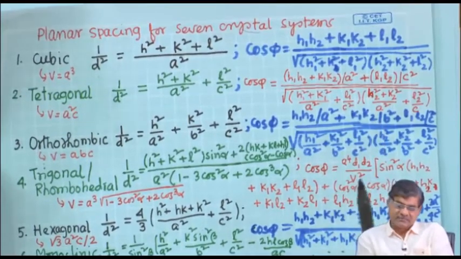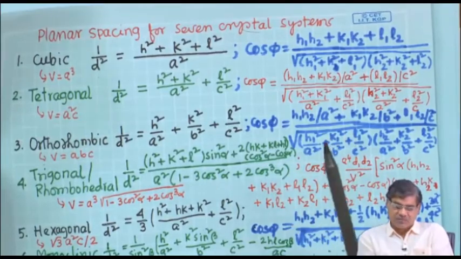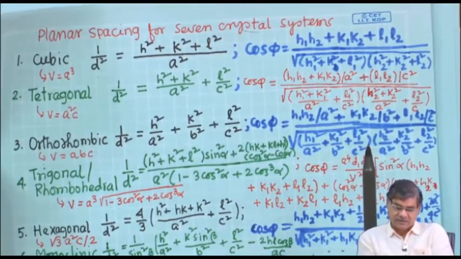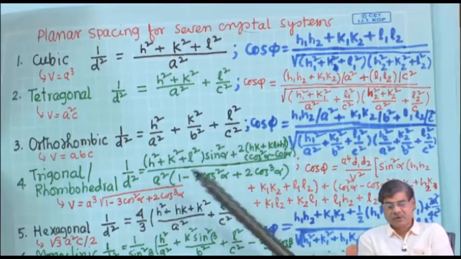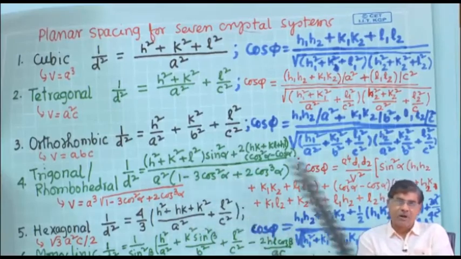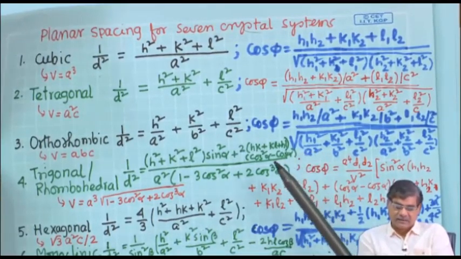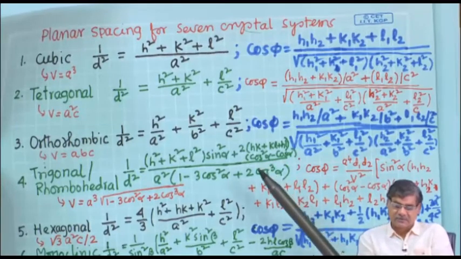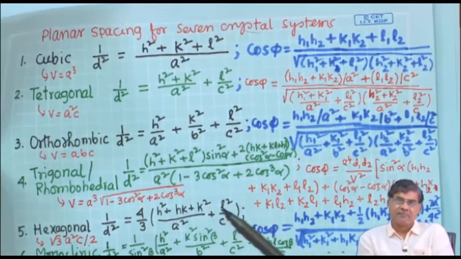In case of cubic, the calculation is simple, but for other systems one has to proceed the same way. You need not only a, you need a, b, c.